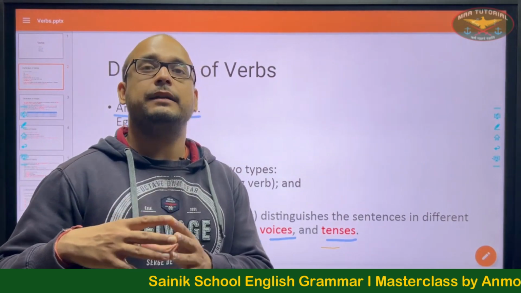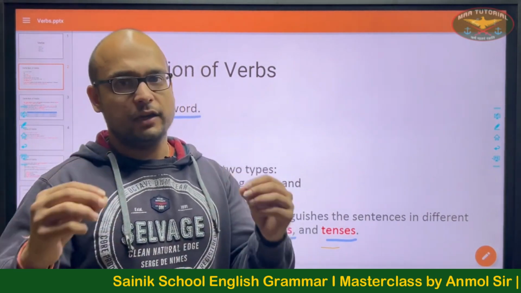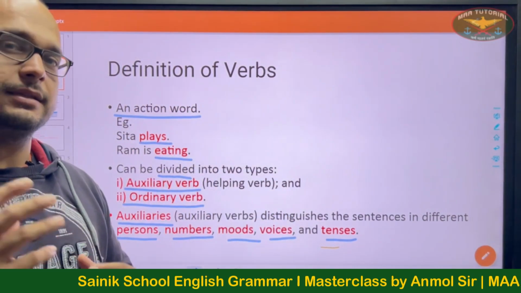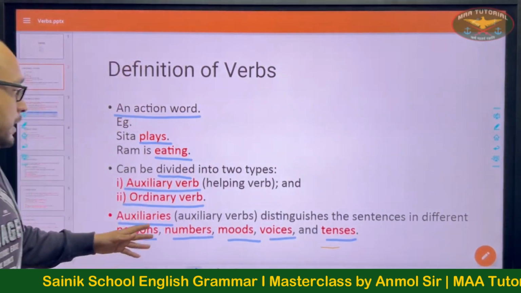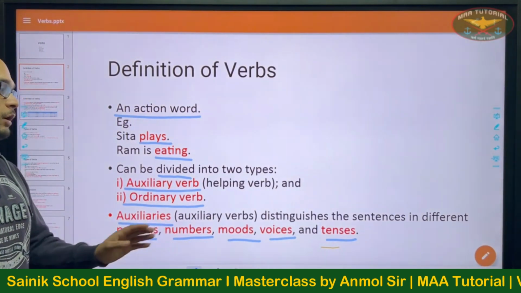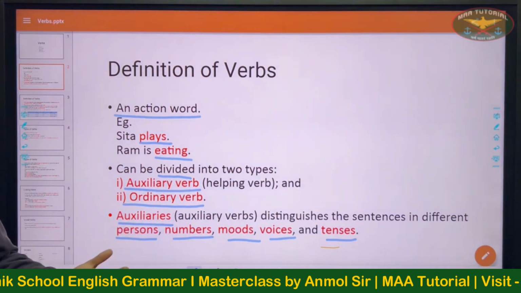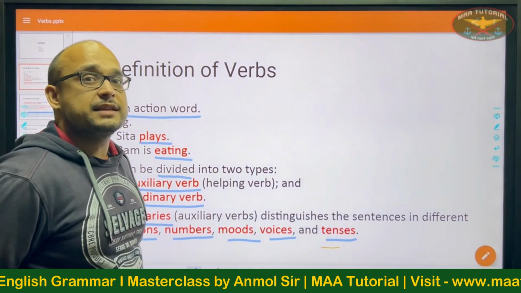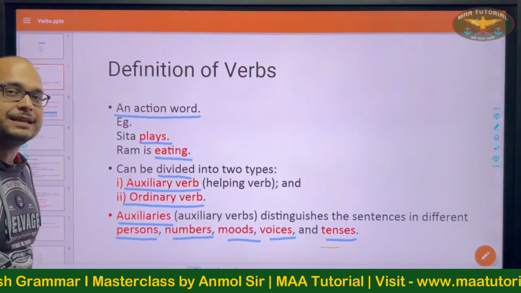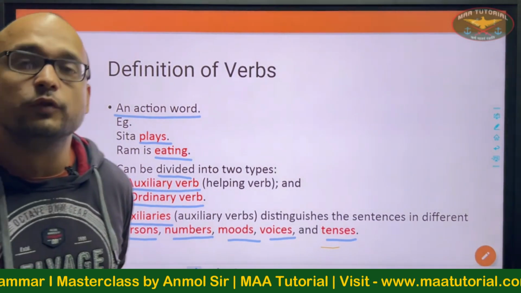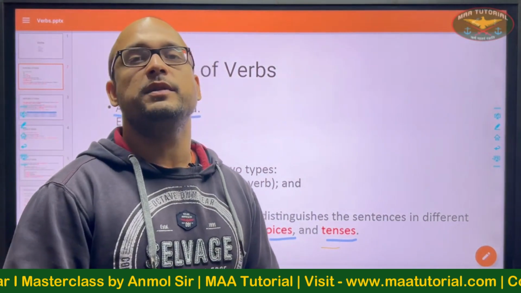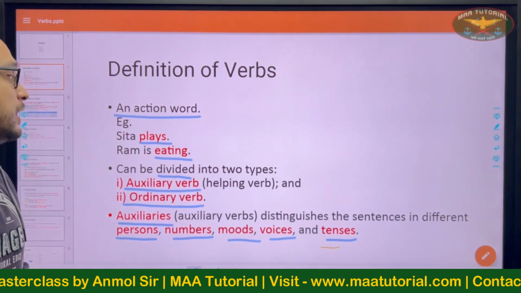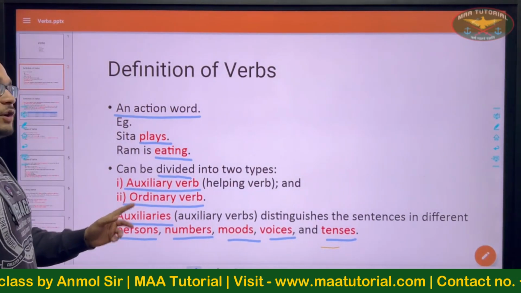If any of that doesn't strike a chord with you, make sure to go back to the previous lessons and do your revision. Numbers, whether it is singular or plural. We're talking about moods, whether it is subjunctive, indicative, imperative. We're talking about voices, whether it is an active or passive voice, or tenses, whether it's in past, present, future, whether it is simple, continuous, perfect, or perfect continuous. So all of these are told by the auxiliary verbs.